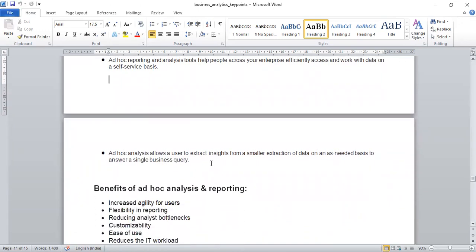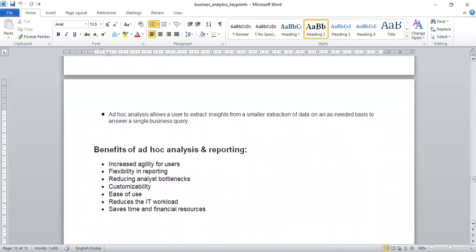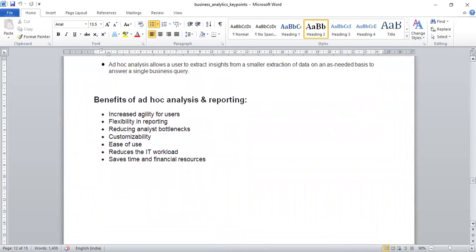It allows users to extract insights from a smaller extraction of data, on an as-needed basis to answer a single business query. So just go through these benefits of ad hoc analysis and reporting.